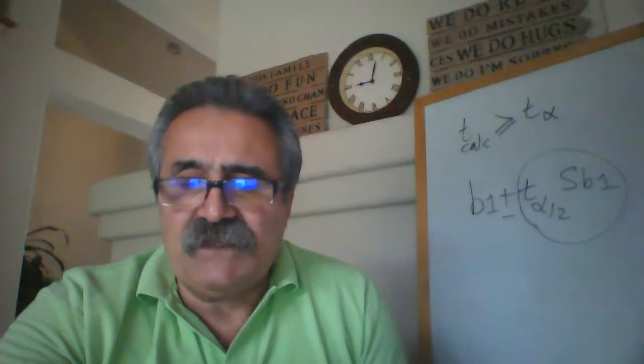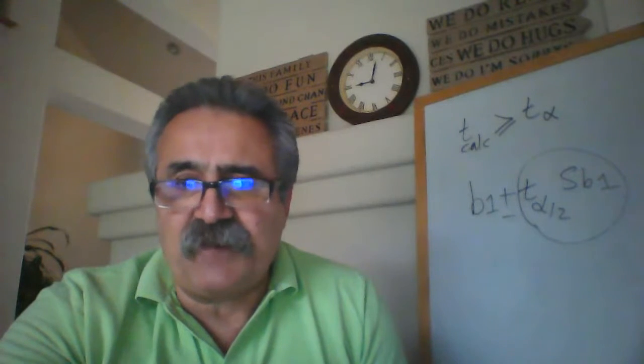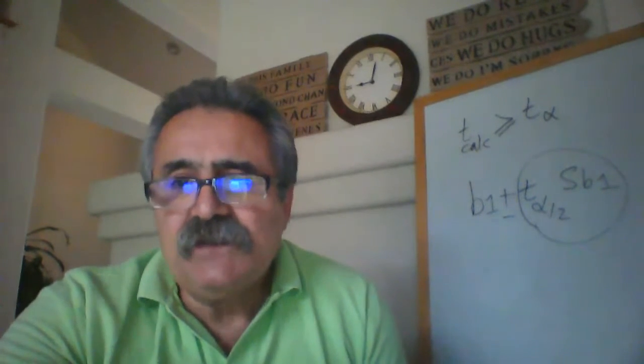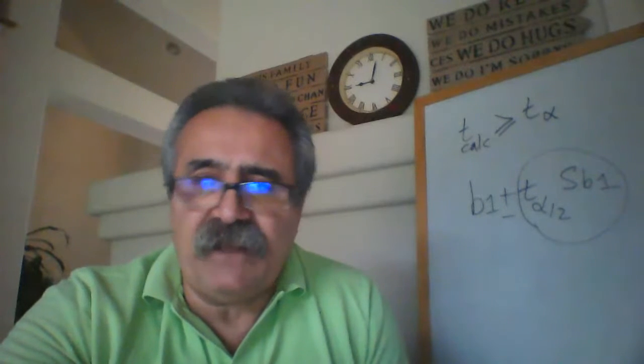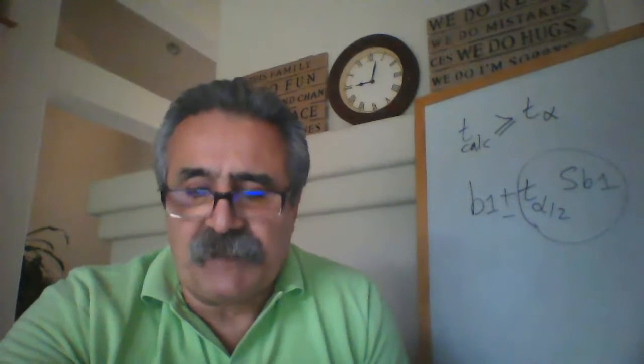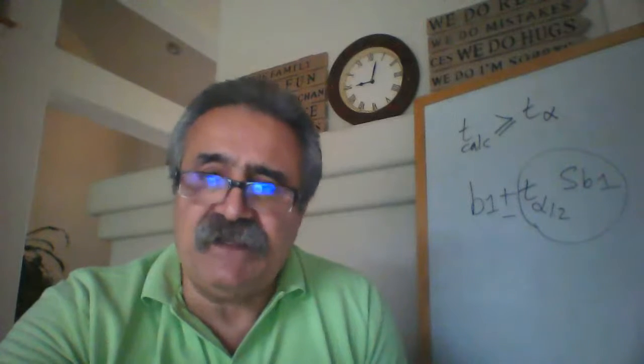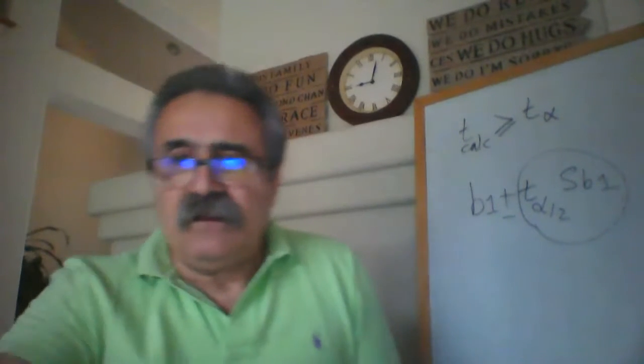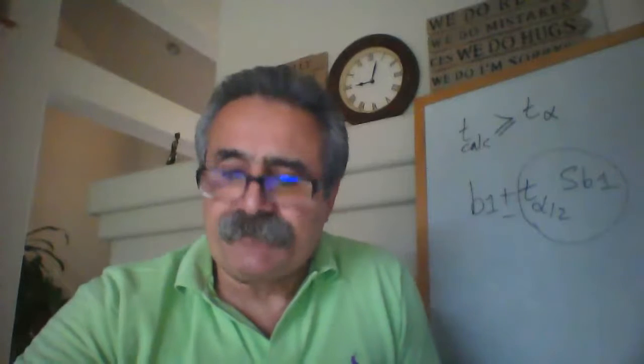If 0 was included, if it was anywhere like from, let's say, 0 to this point or negative 1 to positive 8.44, then we would have accepted the null hypothesis. But in this case, we can go ahead and reject the null hypothesis.